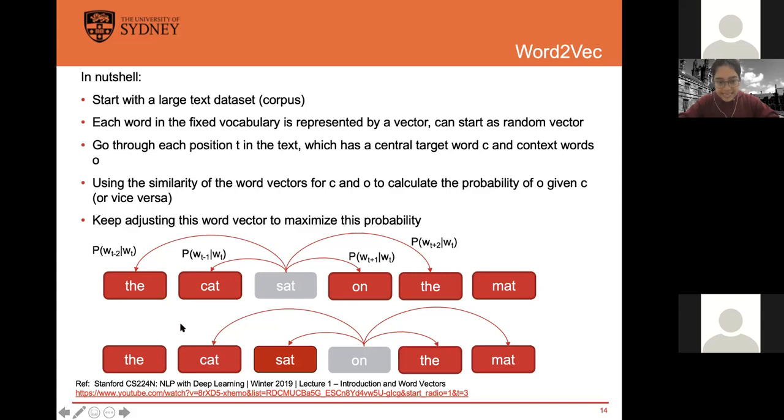We go through each word in the text, and there are two concepts. One is the central target word, and another is the context word. For example, as you're going through the text and you're at this word, "sat" is your central target word, and the words "the cat on the" are your context words. Why am I taking two words only?